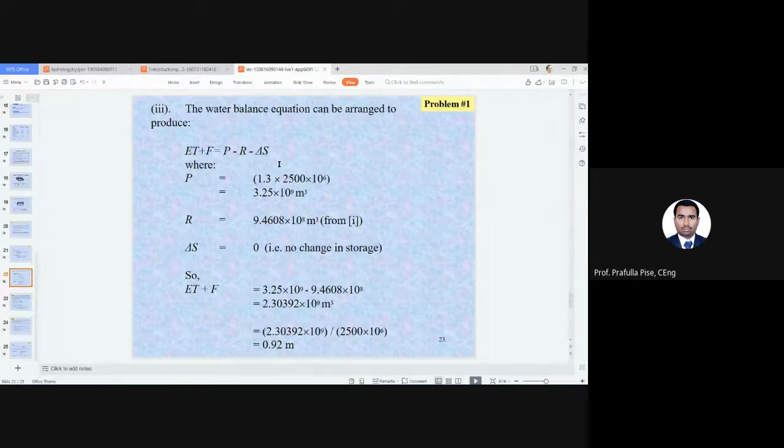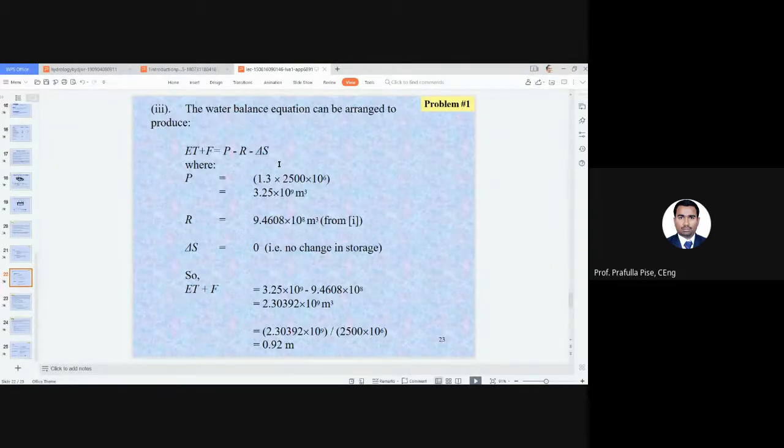Then R is runoff, which we have already figured out as 9.4608 times 10 to the power 8 meter cube. Now delta S is the change in storage. There is no change in storage, so it's going to be 0.